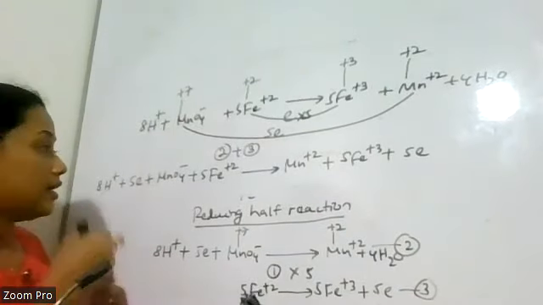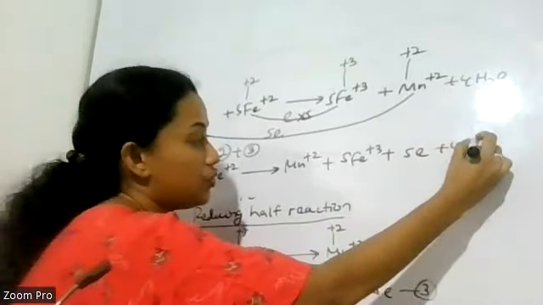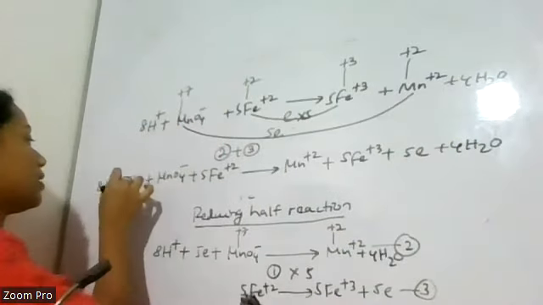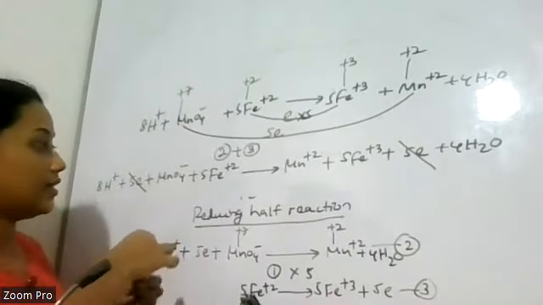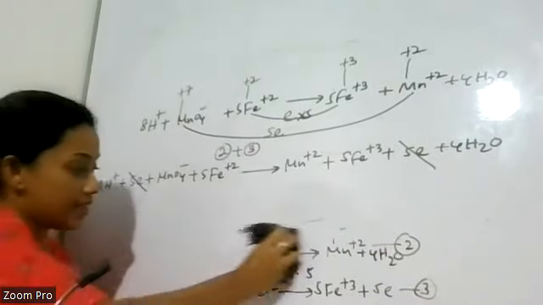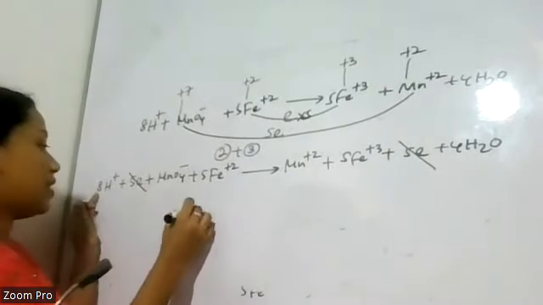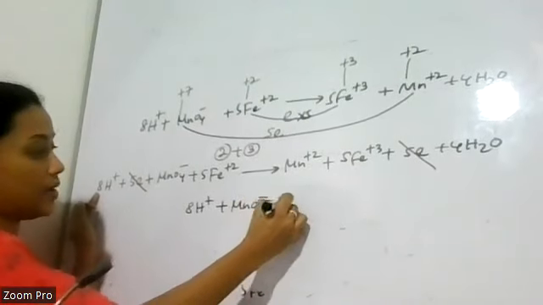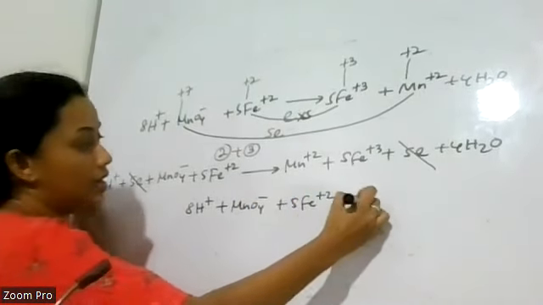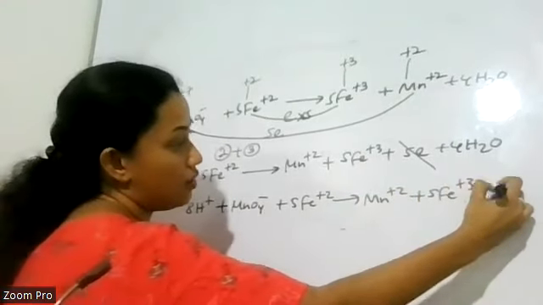Here 5 electrons and 5 electrons we can cancel. The final answer is 8H plus, MnO4 minus plus 5Fe2 plus into Mn2 plus, 5Fe3 plus, 4H2O.